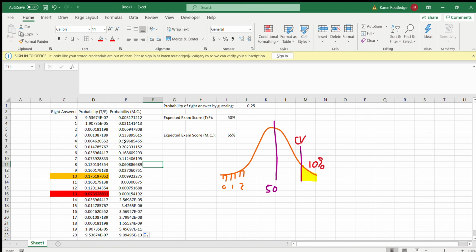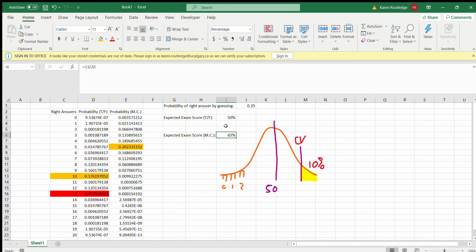So we again look for the highest probability, and we can see it's here this time. I'll put that in orange to match our previous one. So now a student totally guessing on our 20 question, but 4 option multiple choice exam, the student is most likely to get 5 correct answers purely by chance.